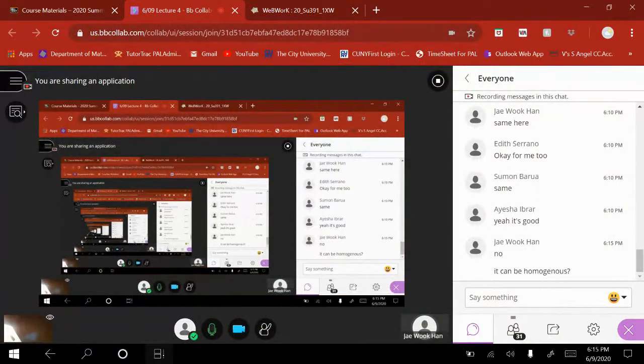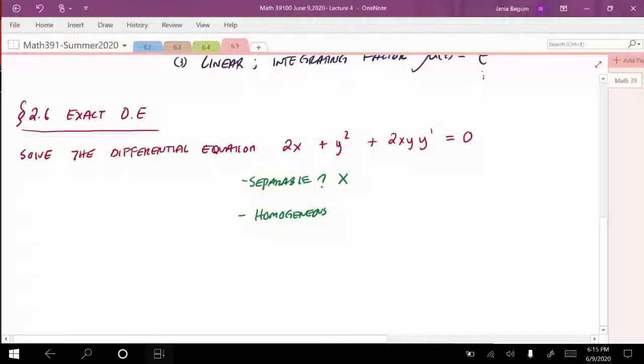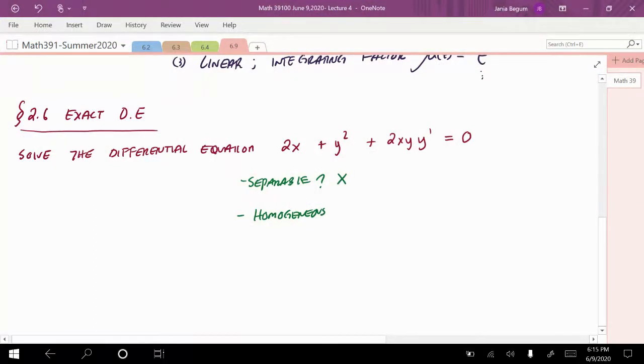Can it be homogeneous? Well, you can check by doing the following substitution: substitute x with k times x and y with k times y, and then fill in the blank. You can go through the procedure and check if it's homogeneous. For now, I'm going to say no because my purpose is to explain how to use the exact method.